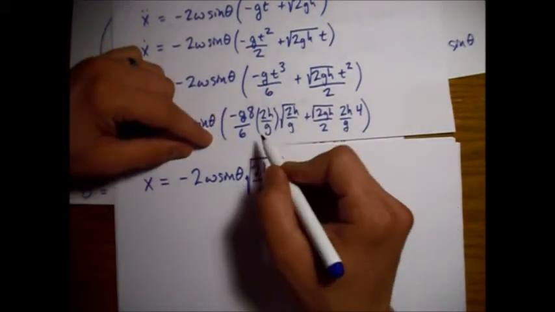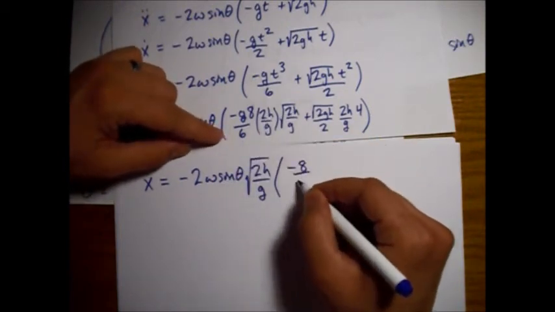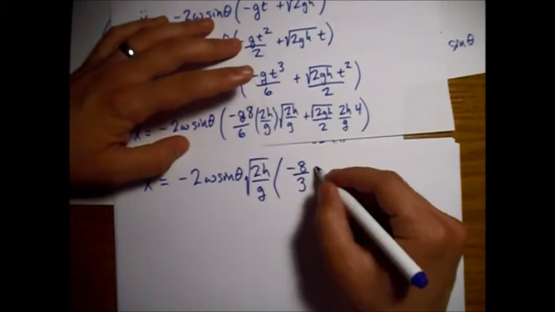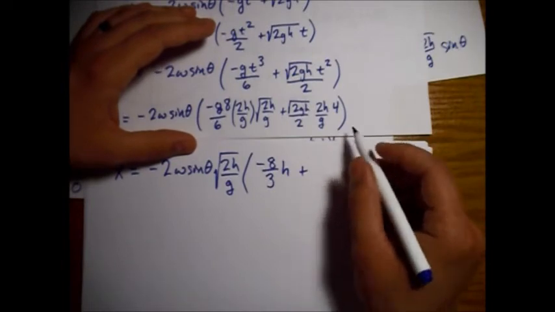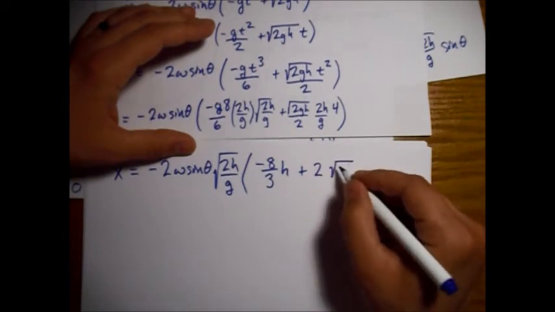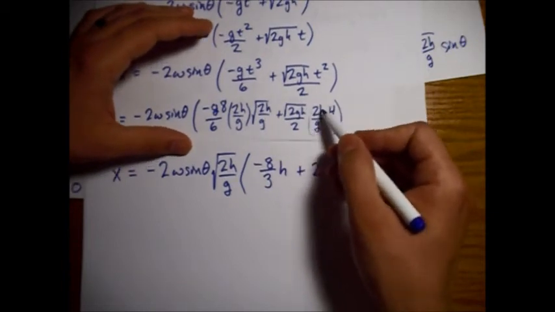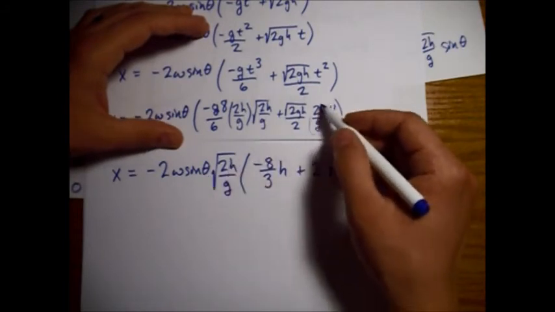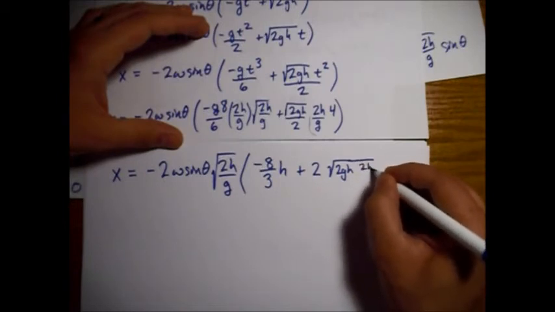So now we'll have a minus 8 over 3, and the g's are dividing out, and we just have an h, so there's our first term, plus this 4 and this 2 will just give us a 2, and then we have a square root of a 2gh, and I already took one square root of this out here, so what's left is 2hg, which is also under a square root, so 2h over g.